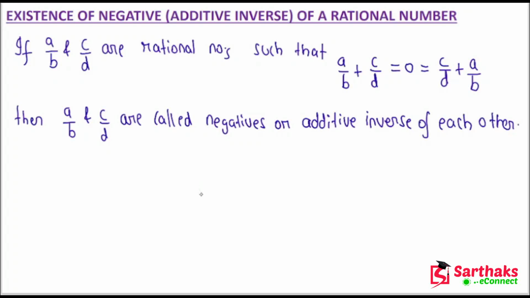That is, a upon b is additive inverse of c by d, and c by d is additive inverse of a upon b. So it is pretty clear, right?